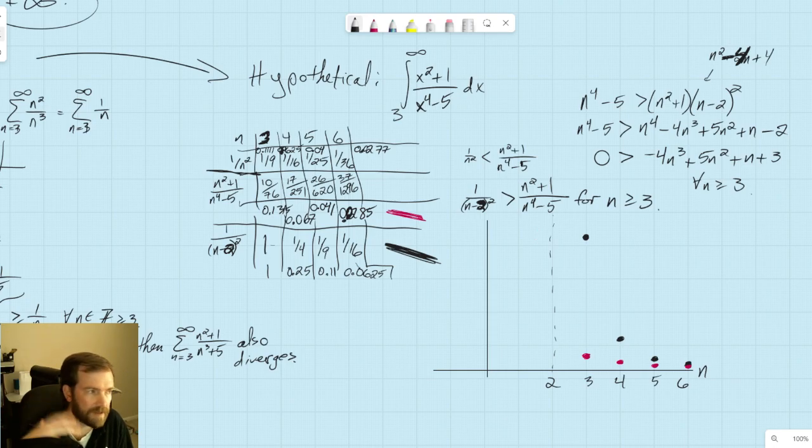As long as your n is greater than or equal to 3, the black comparison test will always be higher than the red original that we want to test.